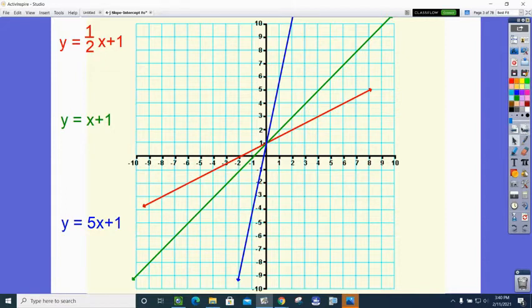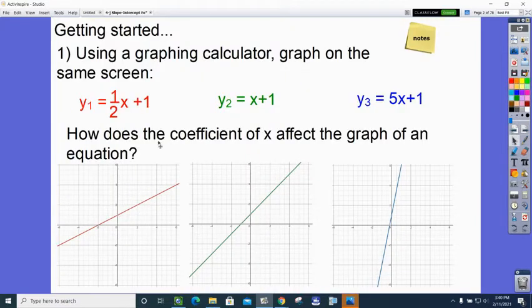And what I want to know is, the coefficient is the number in front of that input variable, the 1/2, in this case the invisible 1 on the green one, and the 5. How does that affect the graph? So what do they have in common and how do they differ?